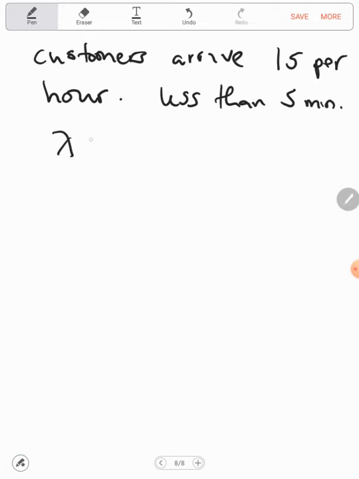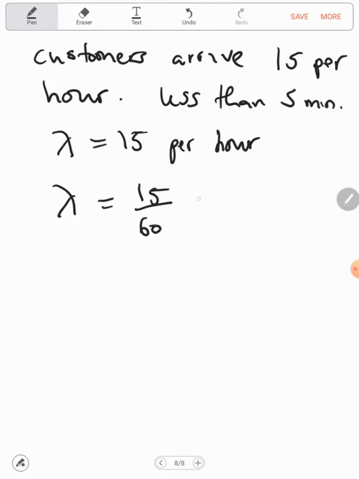The one that you are given is 15 per hour. So it's 15 over 60, which just gives you 0.25 per minute. Okay, so that is our 0.25 per minute.